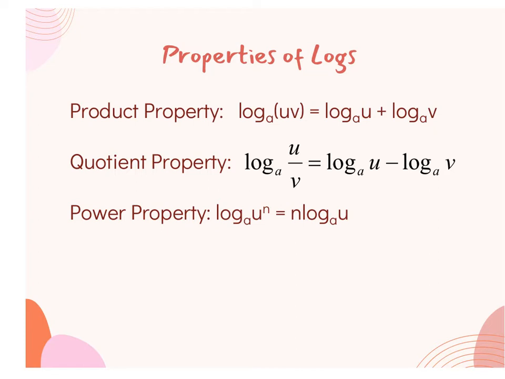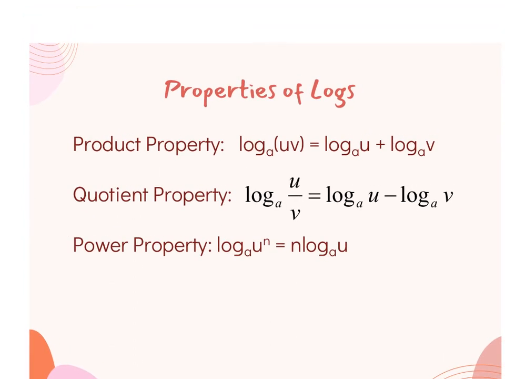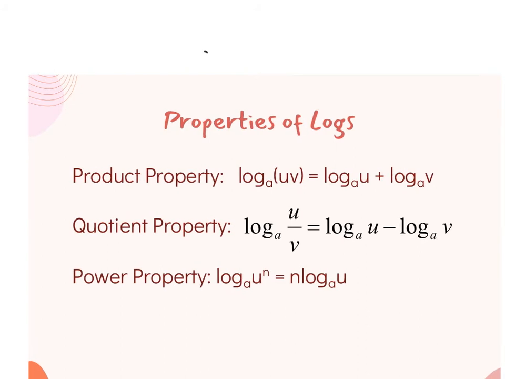And notice here it says log base A of UV is equal to log base A of U plus log base A of V. So if you recall back from your exponent days when you used to multiply exponents, for example, 2 to the third times 2 to the fourth, you just take their exponents and add them, and this would give you 2 to the 7th.